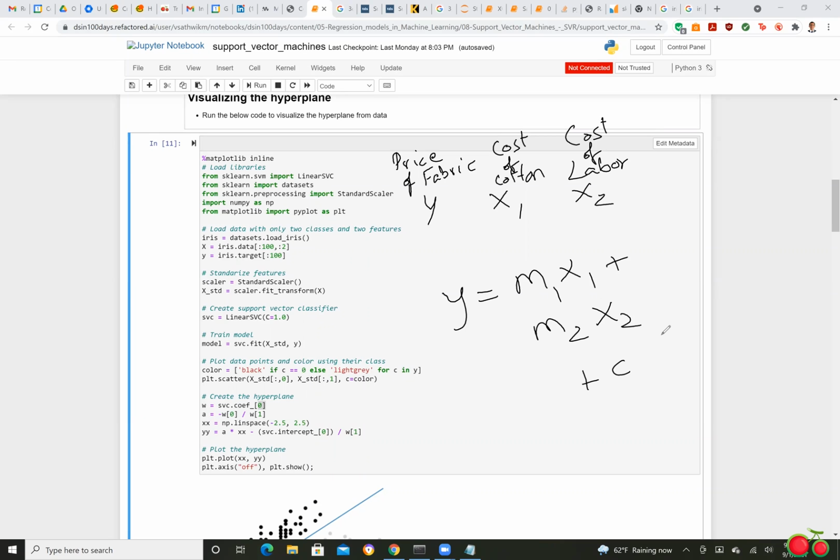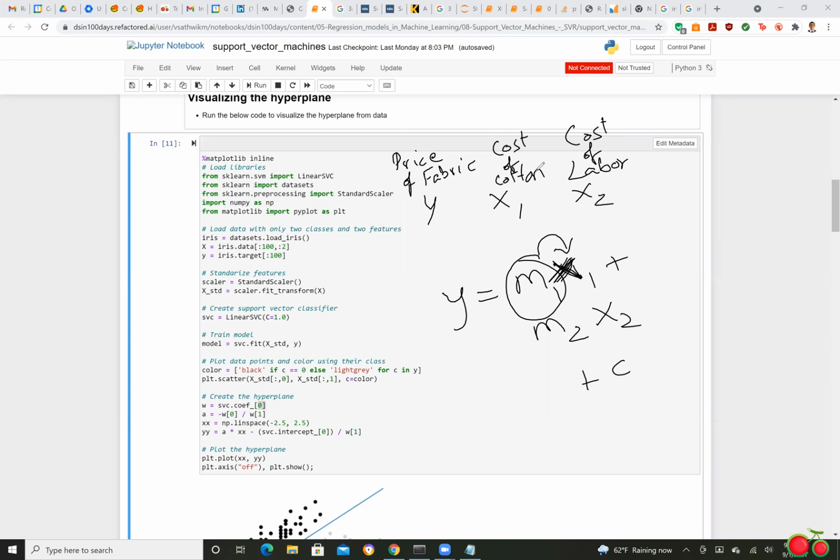Now, here M1, the coefficient of X1, tells us about the influence of which variable? X1, correct. But what does this variable signify? Cost of cotton, correct.